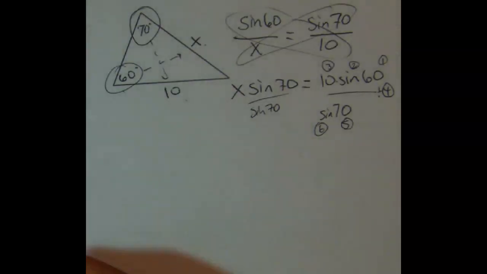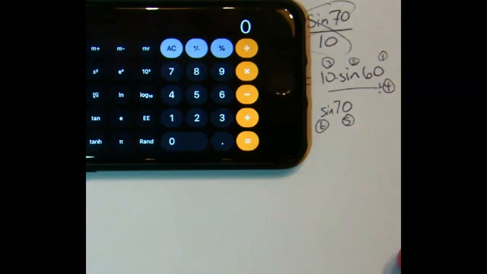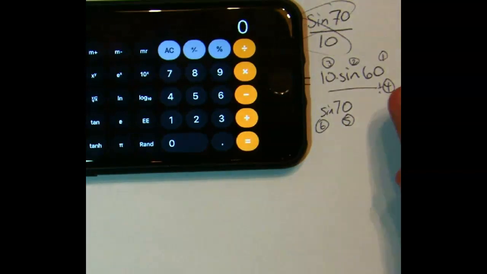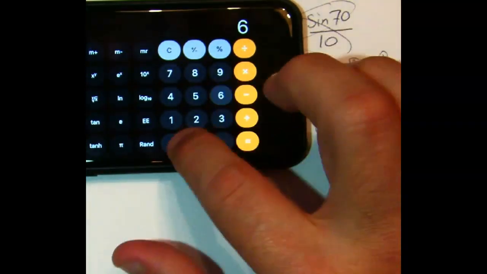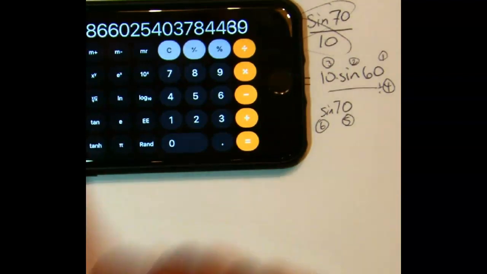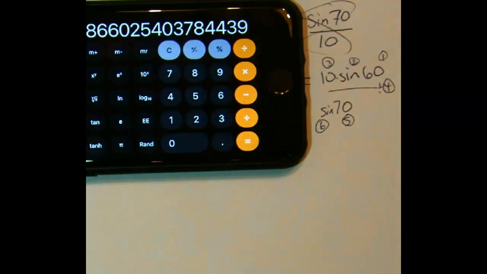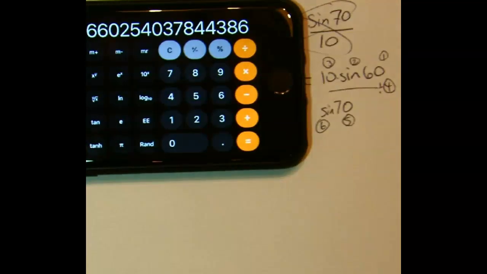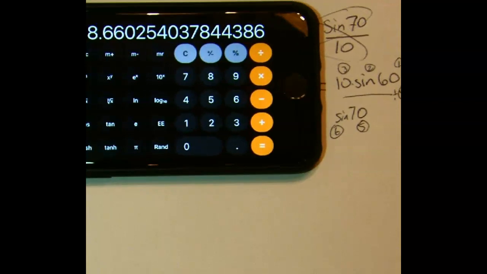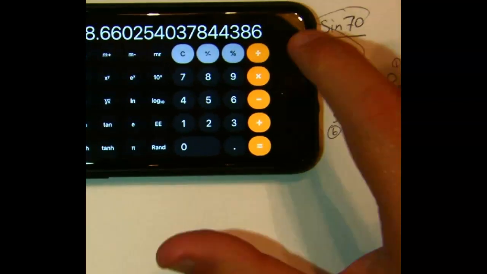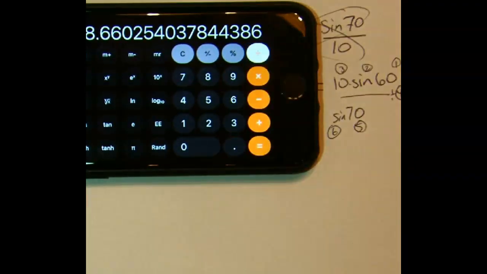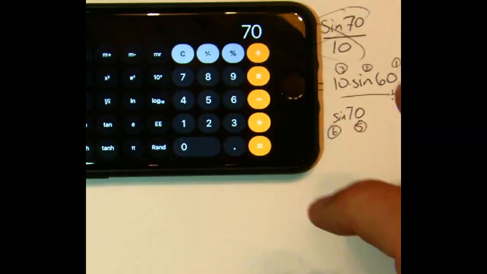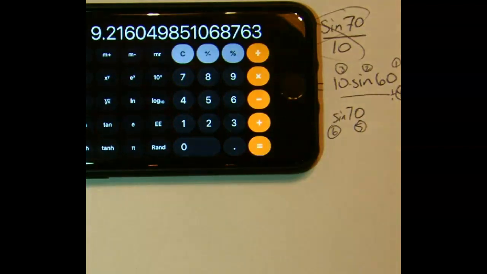Alright, so let's bring this up. We have 60, sine, times 10, equals. I get this 8.66 number, then divided by 70, sine, equals 9.2.